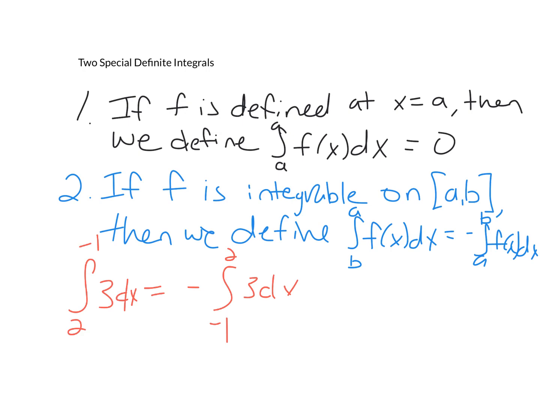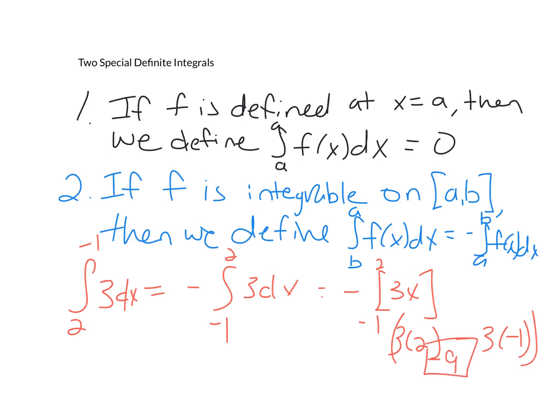So the integral will be equal to negative, negative 1 to 2 of 3x. So we're going to get 3 times 2 minus 3 times negative 1, which will get us 9. So negative 9, because we can't forget the negative up front.